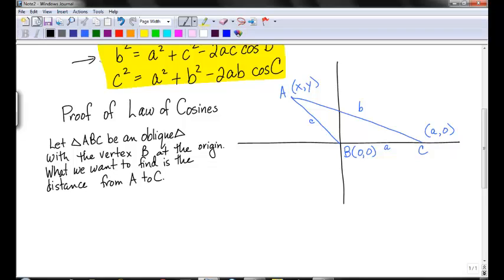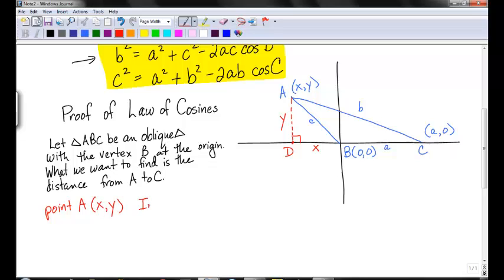To do that, we drop a perpendicular. You've got to get a perpendicular in there somewhere. Drop a perpendicular from A and make this a right angle. Label that point D. This is x from the origin to the left, and this is our y, so point A is our x, y.